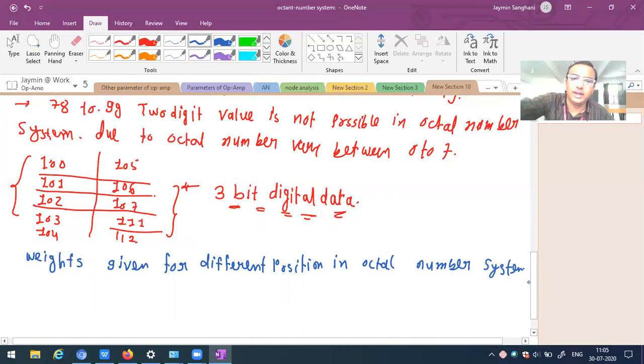So now, how can weights be given? See this.